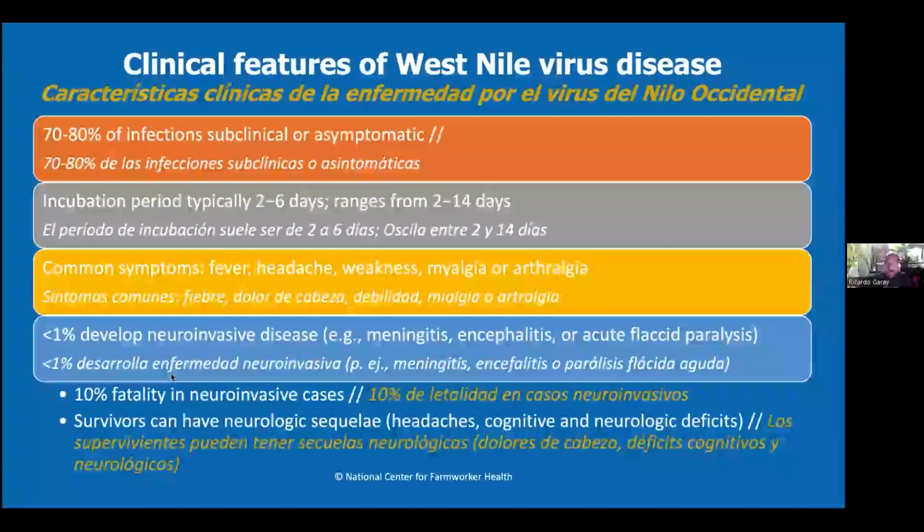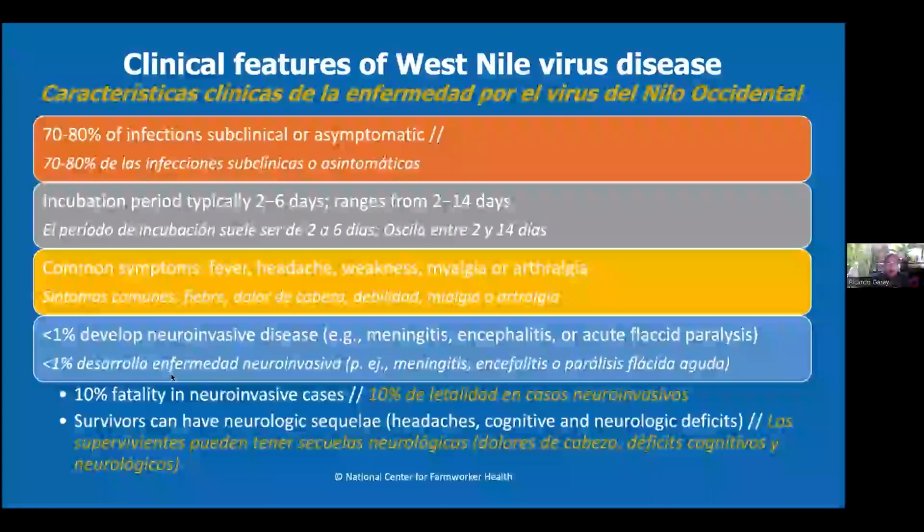The clinical features of West Nile virus disease: 70 to 80% of infections are subclinical or asymptomatic. The incubation period typically lasts between 2 and 6 days, but it can range from 2 to 14 days. The common symptoms are fever, headache, weakness, lack of energy, myalgia, or arthralgia.